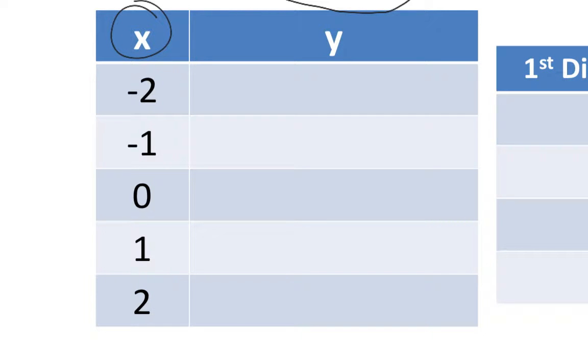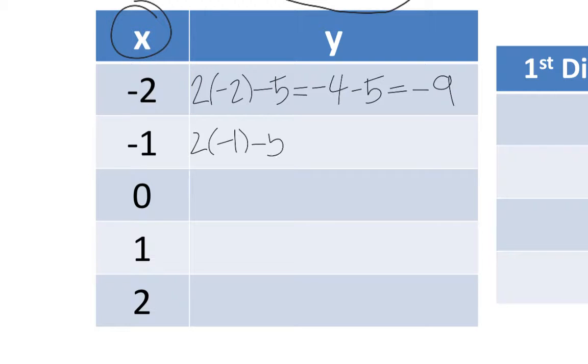So I have 2 multiplied by negative 2 minus 5. Let's simplify this. 2 multiplied by negative 2 is negative 4. Then subtract 5 stays exactly the same, and negative 4 subtract 5 is negative 9. We're going to repeat these steps for the other values of x. 2 multiplied by negative 1, subtract 5.